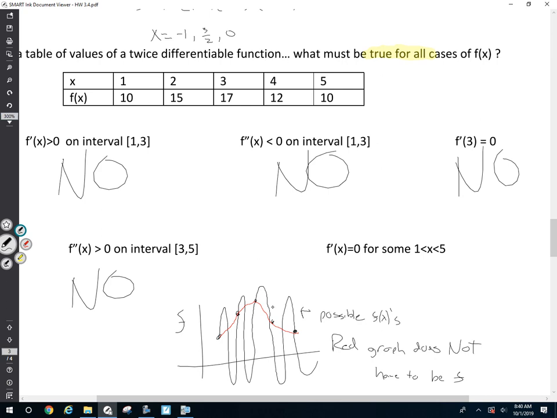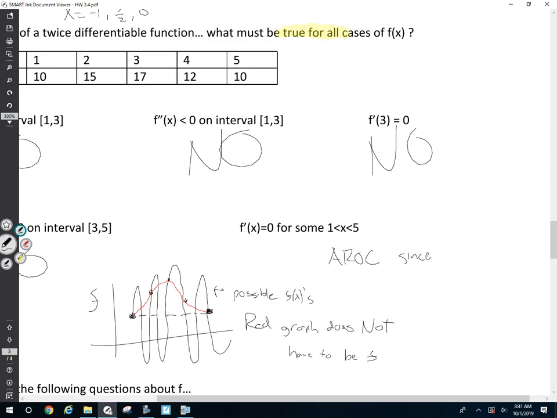No matter how I sketch f, whether it's the red graph, the black graph, or anything else, f has an average rate of change, a secant slope, since we have the point 1, 10 and 5, 10, the average rate of change, the secant slope, is 0.